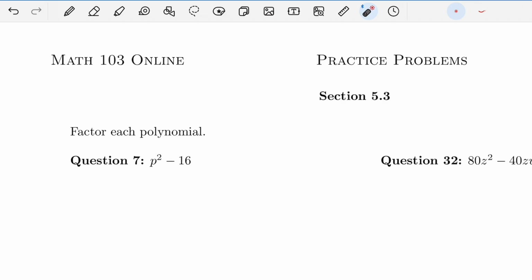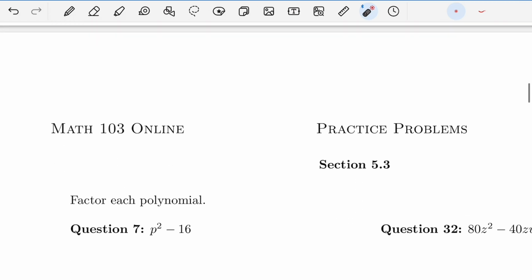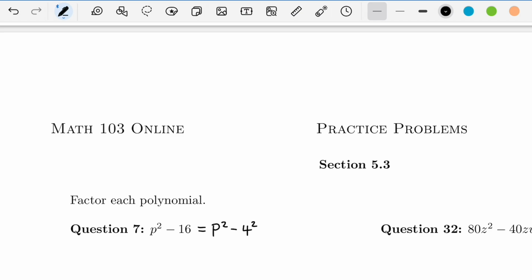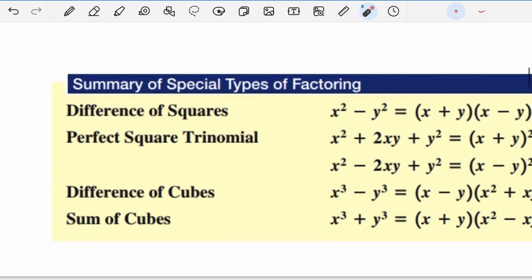It'll be helpful to first rewrite this polynomial, if possible, to match one of these forms here. So notice we have p squared minus 16, and 16 we know is a perfect square. This can be rewritten as p squared minus 4 squared, since 4 squared is 16. Once we rewrite this polynomial in this way, notice that we have a difference of squares.